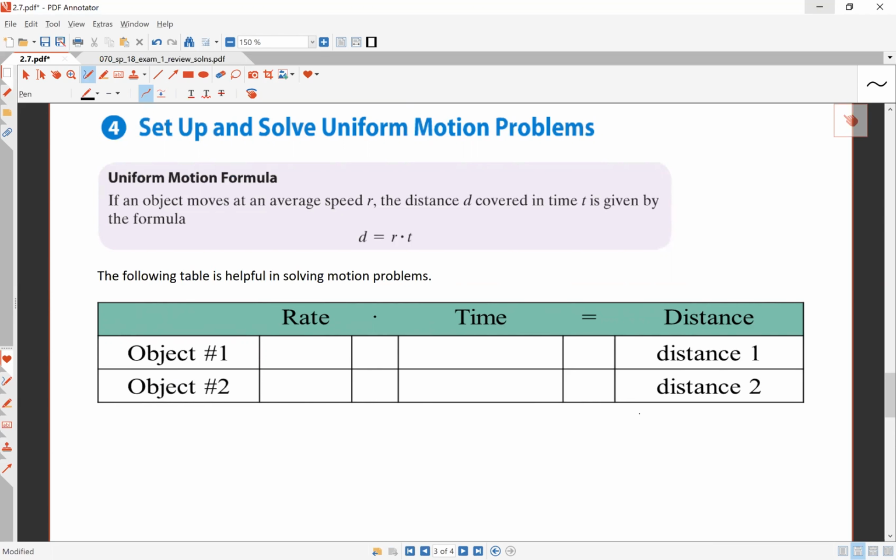In all these problems, we will write the formula down at the top as rate times time is distance. We will have two different pieces of the trip. It could be object 1, object 2, or it could be out to a resort, back over the same road. And every time we do this, we're going to fill in their rates, their times, and use the formula to fill in for their distances.